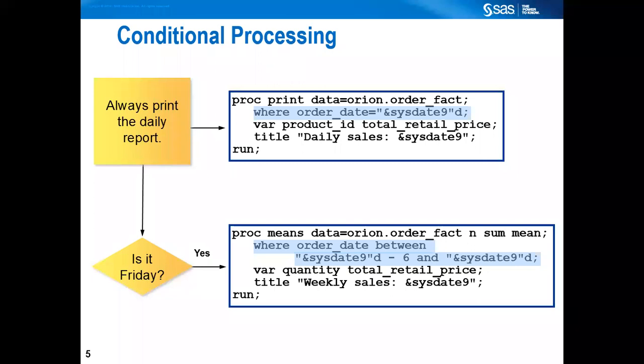So Sunday is first, Monday second, Tuesday third, Wednesday four, Thursday five, and Friday is the sixth day. So -6 days should start from 6 days behind, and that will be your weekly report for a week. Correct?